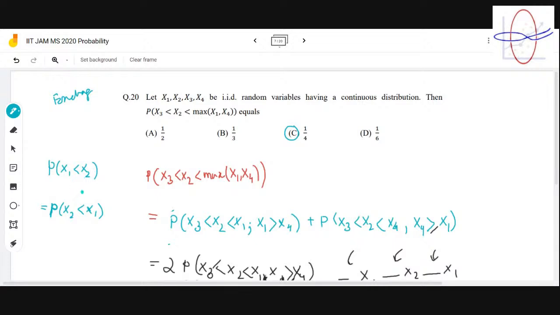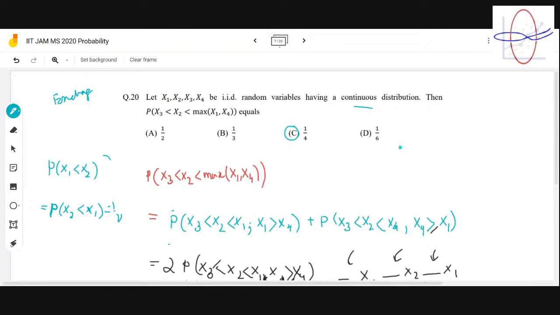So these two probabilities are the same, and therefore each is equal to half, because X1 less than X2 is half and X1 greater than X2 is half. These are the only two possibilities. The continuous distribution is important because the probability of X1 equal to X2 should be 0 to make this happen.